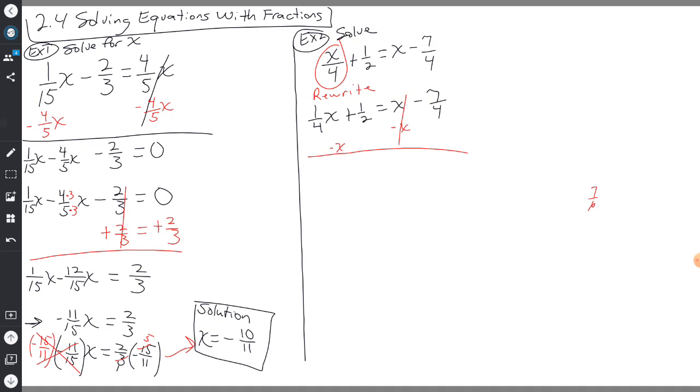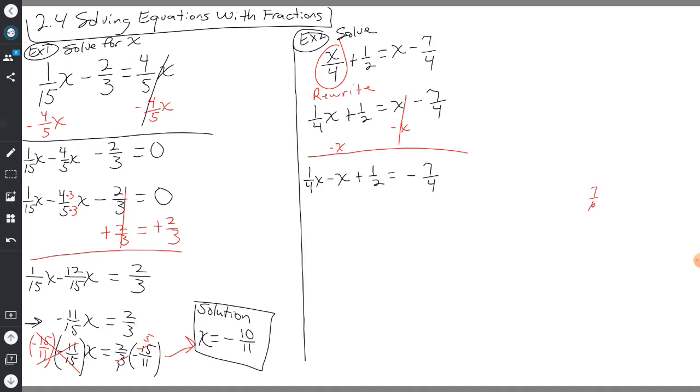That cancels it from there. Now we have 1/4 x minus x, plus 1/2 is equal to negative 7/4.